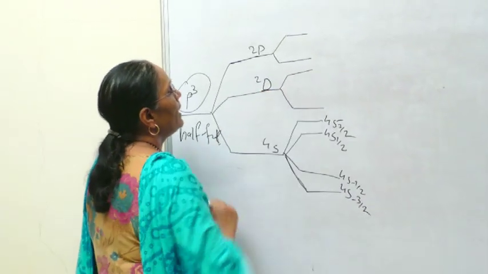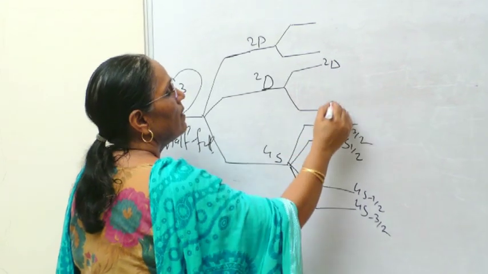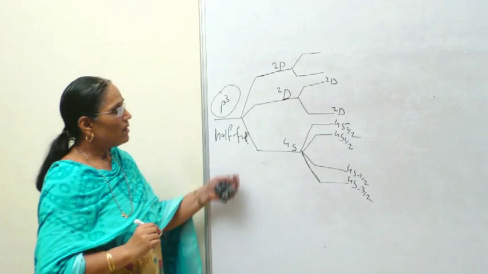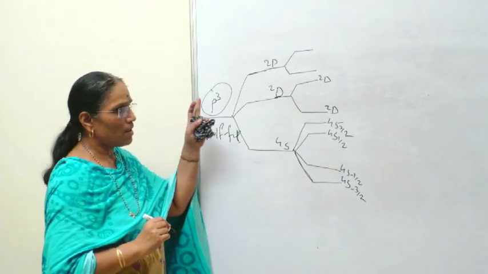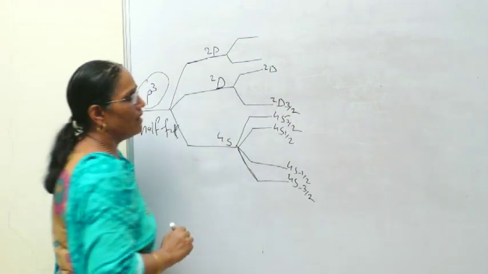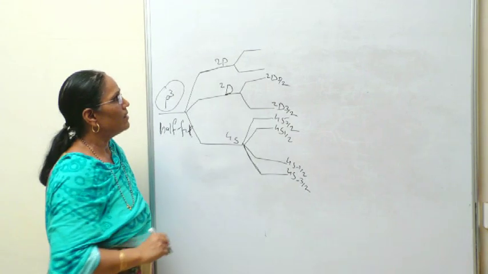For doublet D, we have obtained 2 J values, 5/2 and 3/2. Again, as the configuration is half full, the lowest J value, that is 3/2, is at lower energy, and the highest J value is at higher energy.